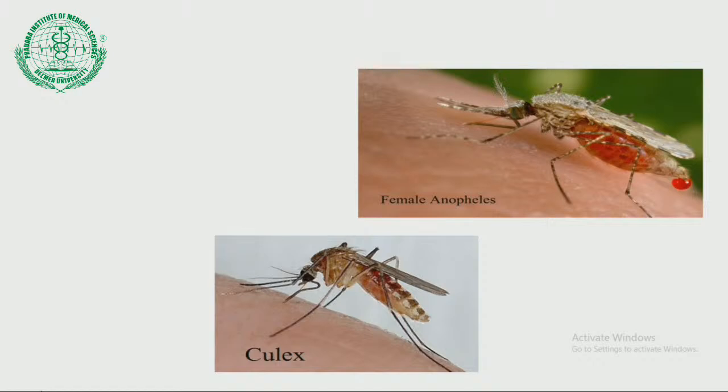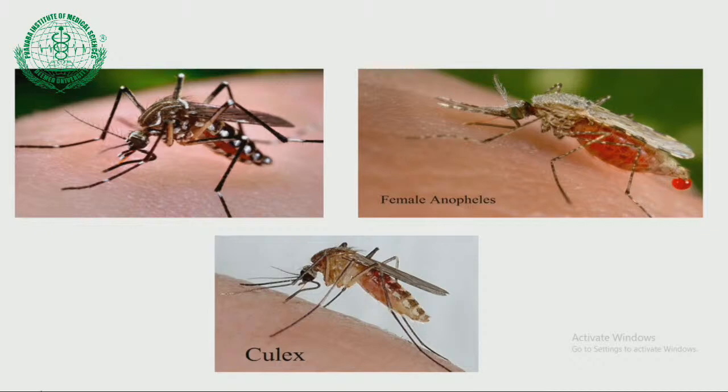You should know that only the female mosquitoes bite because they need a blood meal before they are going to lay the eggs. So for laying eggs they need a blood meal. That is a particular nutrition requirement before laying eggs. That's why only the female mosquitoes bite.